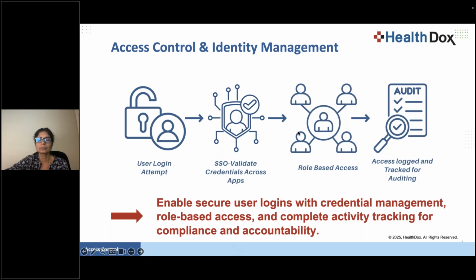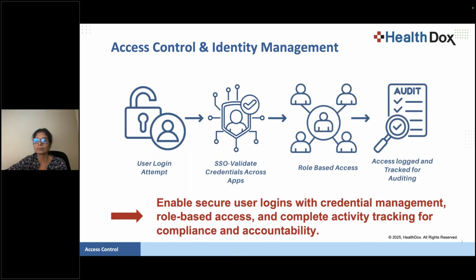That's how identity management helps us confirm the login information. And many organizations use technology controls such as SSO, single sign-on, which helps reduce password fatigue but still keeps the access very secure.